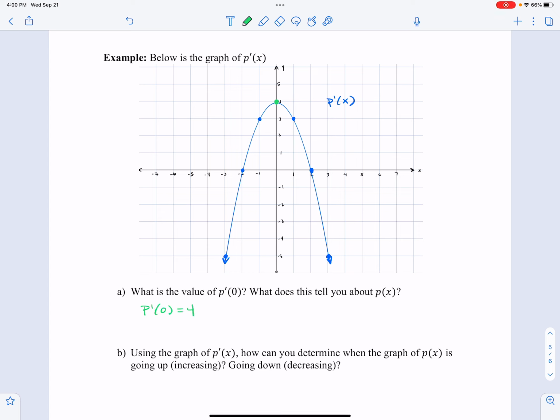And p prime, all of those function values give us the slopes of the tangent lines at the corresponding x values on the graph of p. So what p prime of 0 tells us is that p of x has a slope of 4 at x equals 0.